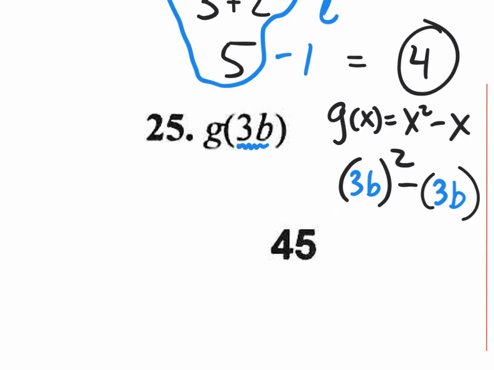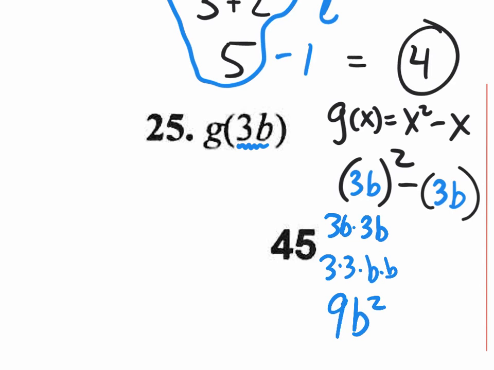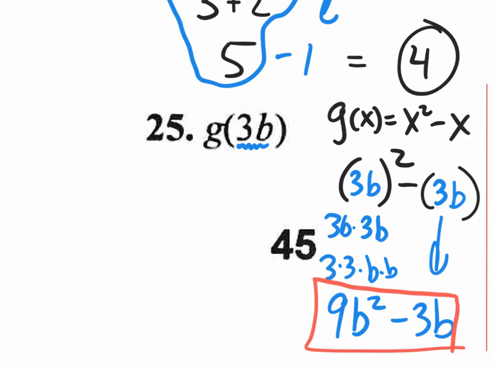What is 3b times 3b? 3b times 3b is really 3 times 3 times b times b, which is 9b squared. And then you bring down the minus 3b. And obviously you cannot combine these terms because they are not alike. You have b squares and b's. You can't combine them. So that's your final answer for number 25. 9b squared minus 3b.